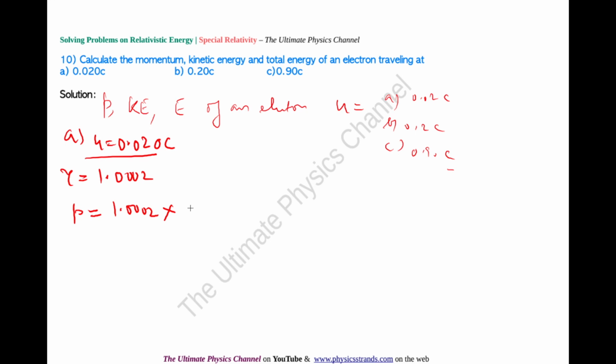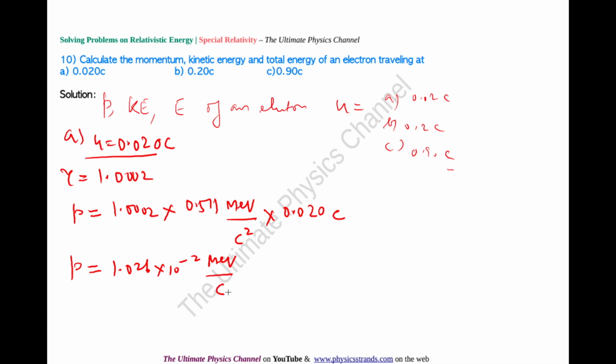I'll take the rest mass of the electron to be 0.511 MeV over c squared, and then multiply this with 0.020c, so that I can cancel the c out and directly write momentum in MeV over c units, and that turns out to be 1.026 into 10 power minus 2 MeV over c.